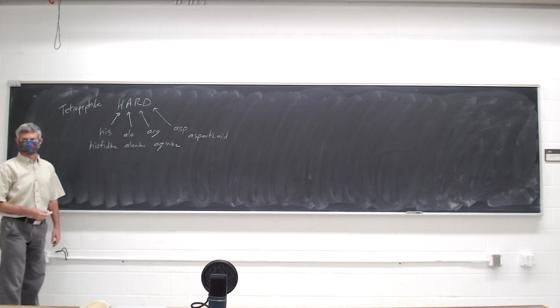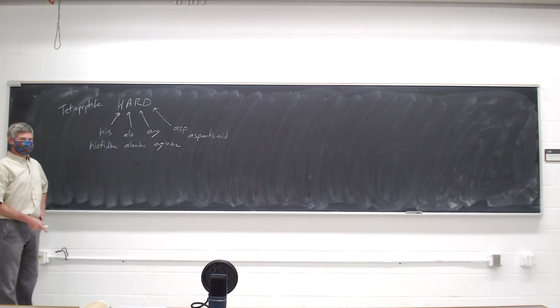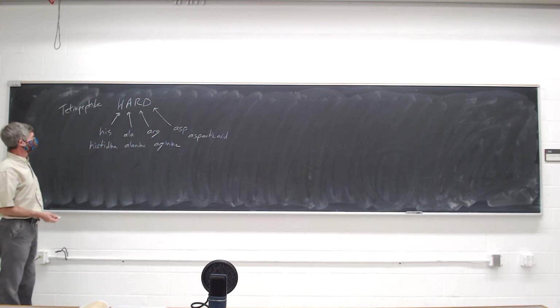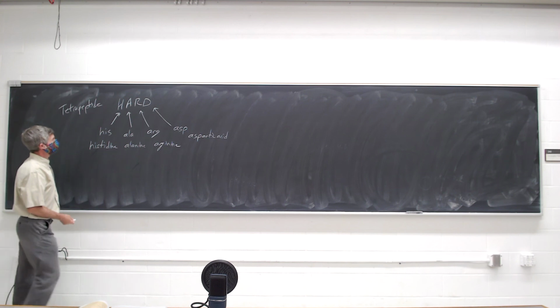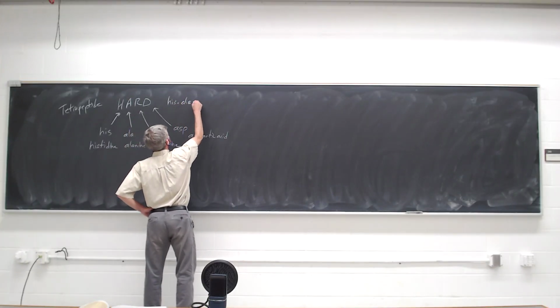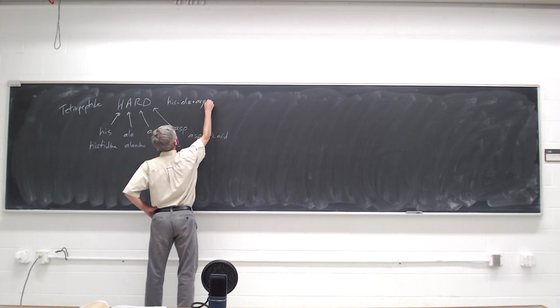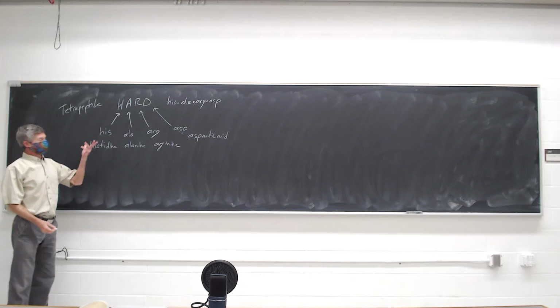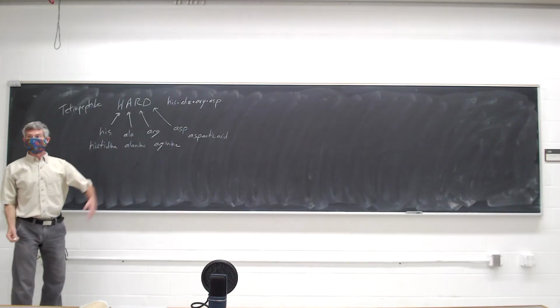So this is histidyl alanyl arginyl aspartate, or aspartic acid, his ala arg asp. You always put those little dots in there. This one actually has 3 of the amino acids that start with A in it, right?